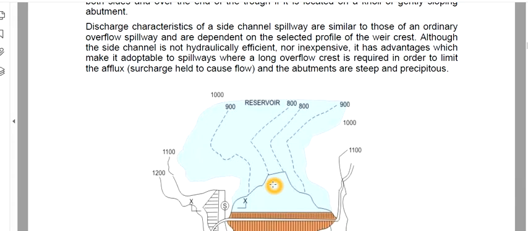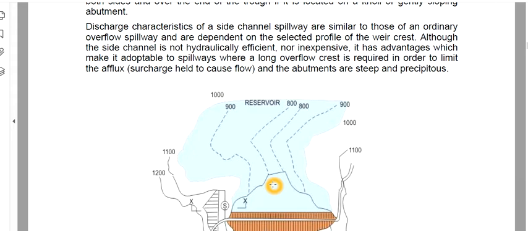Now we will discuss the discharge characteristics of the side channel spillway. These are similar to the ordinary overflow spillway, and as we discussed, the control structure in the side channel spillway is the weir crest. So the discharge characteristics depend on the selected profile of the weir crest.